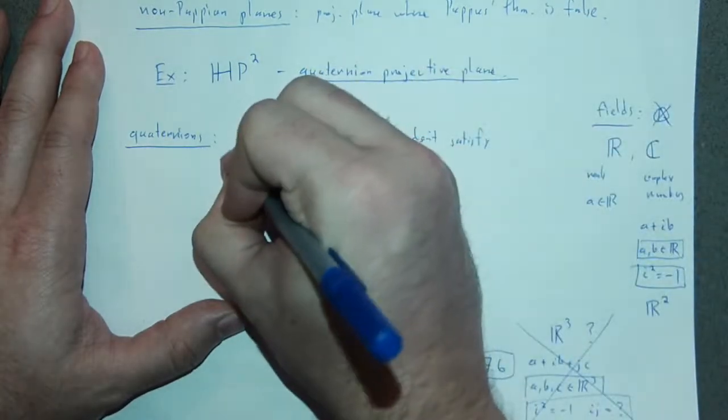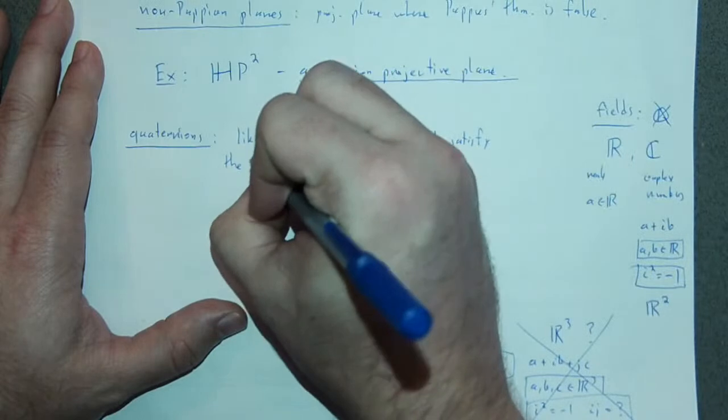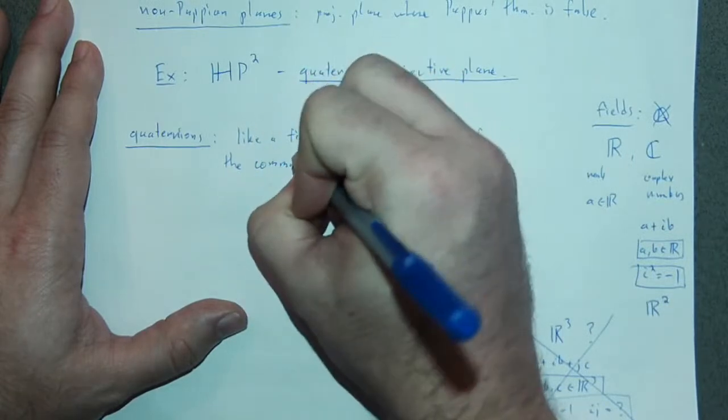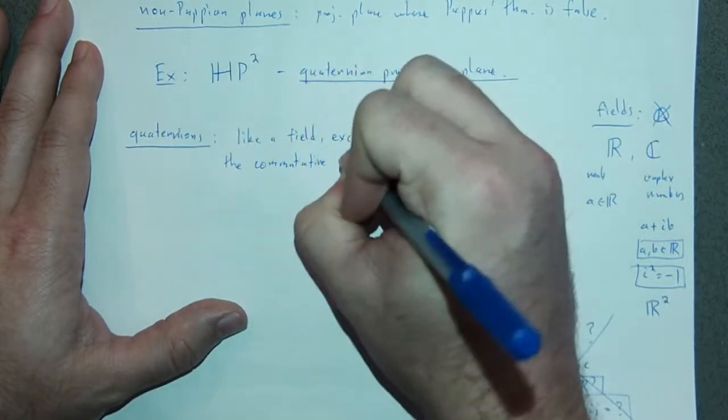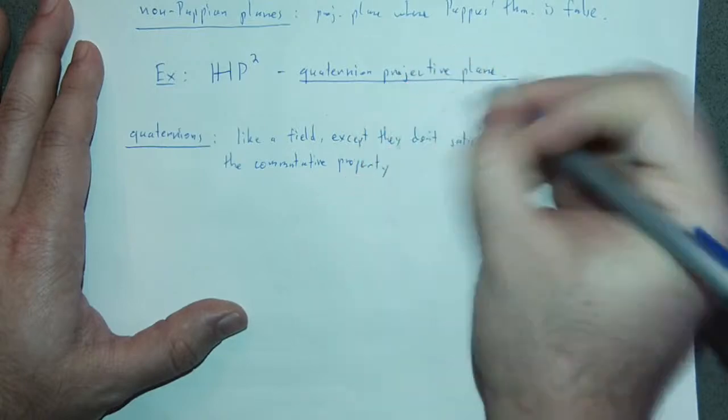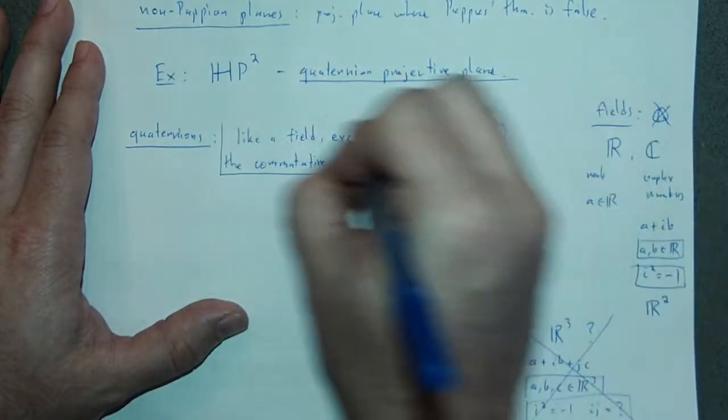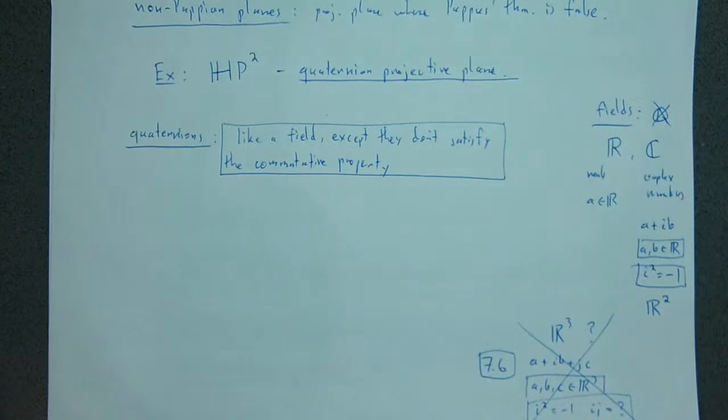All the other field axioms are satisfied, except commutativity. So technically they're an object called a division ring, but I'm not going to get into any of that. You don't need to know that. You just need to know that it's almost a field. It's very close to being a field here.